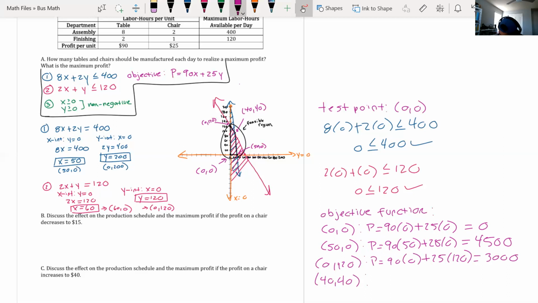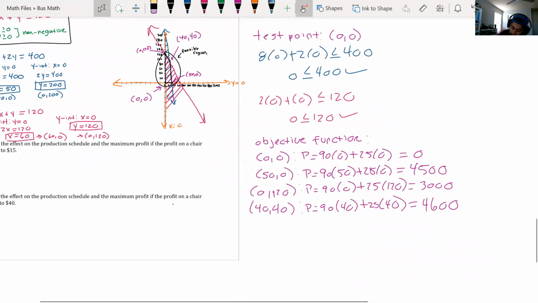And then 90 times 40 plus 25 times 40. That gives me 4,600. So, what amount of tables and chairs will give us the maximum profit? 40, 40, or the 4,600 one. There you go.